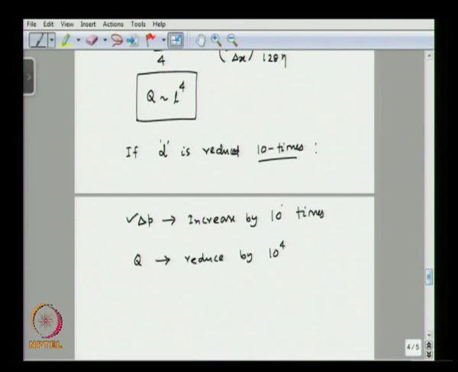So delta P is going to increase by 100 times when d is reduced 10 times, and the flow rate is going to reduce by 10 to the power 4 times.